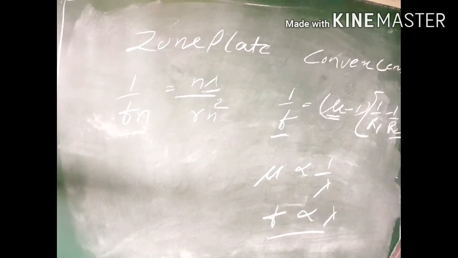The next difference, the zone plate has many focal points. Each half period zone has its separate focal point. Means the zone plate produces a number of images. Okay, but in case of convex lens there is only a single focal point.